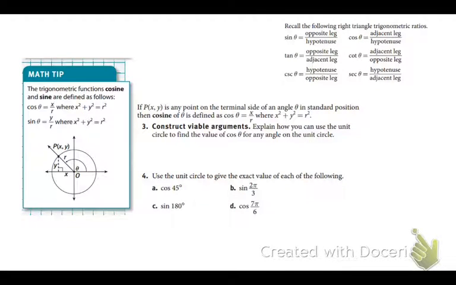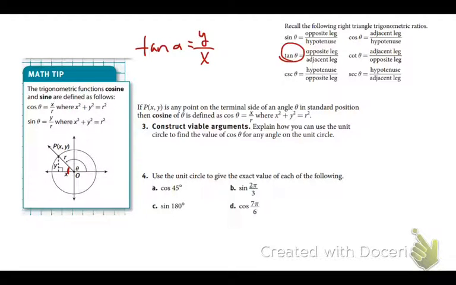Okay, so if we want to find tangent of that little reference angle, this guy right here, we're going to use our opposite leg over the adjacent. So opposite would be y over x.